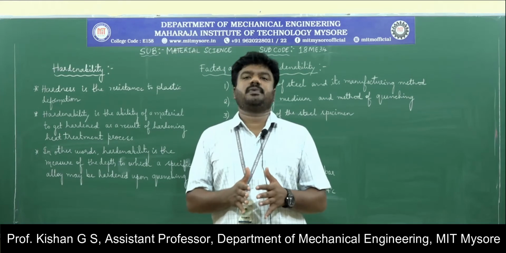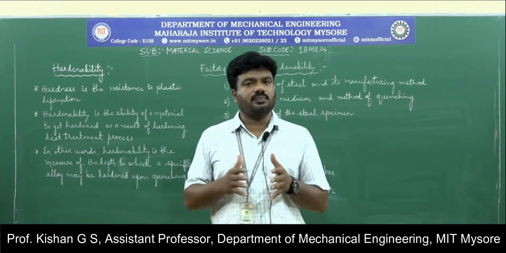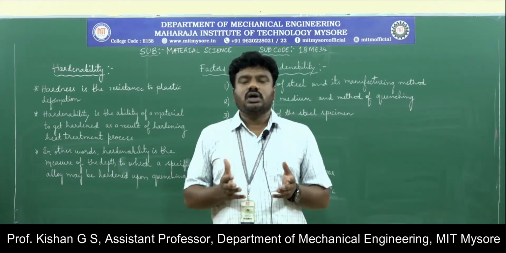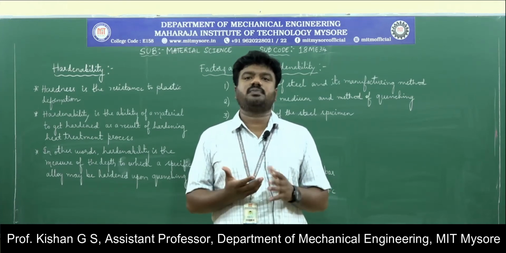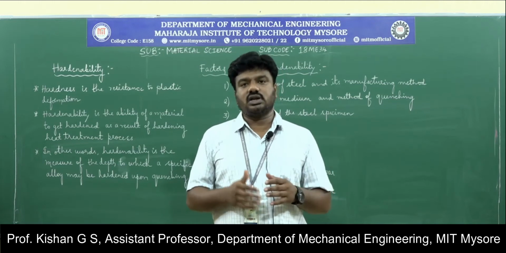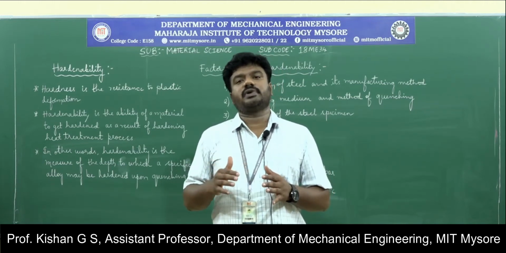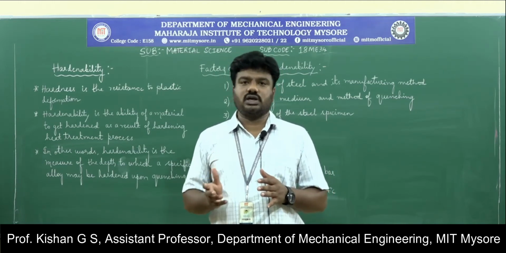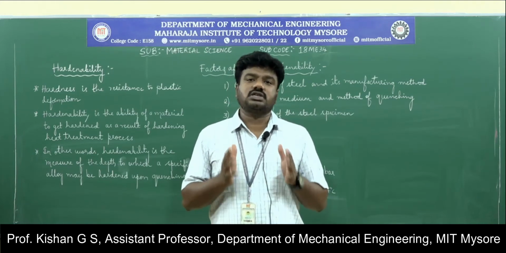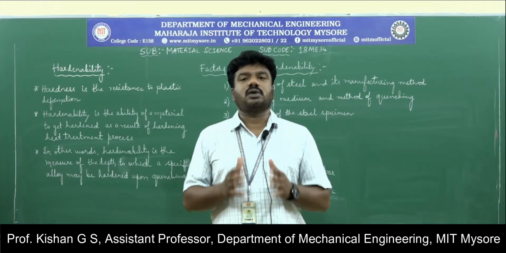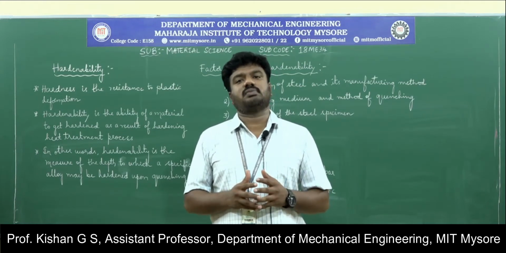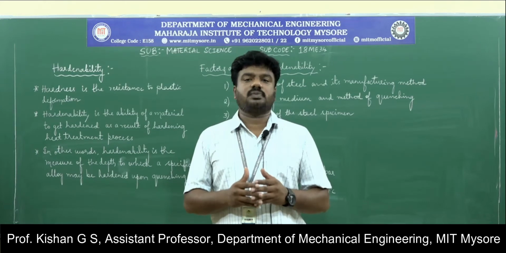We have a temperature range for different types of steel composition, and we keep the temperature 30 to 50 degrees Celsius above the upper critical temperature for hypoeutectoid steel and above the lower critical temperature for hypereutectoid steel. But the holding time is the same for both compositions, because we want a complete austenitic structure in the microstructure of the iron carbon.